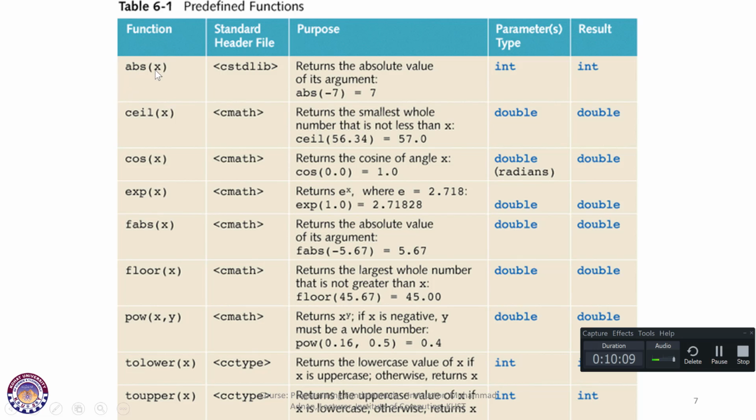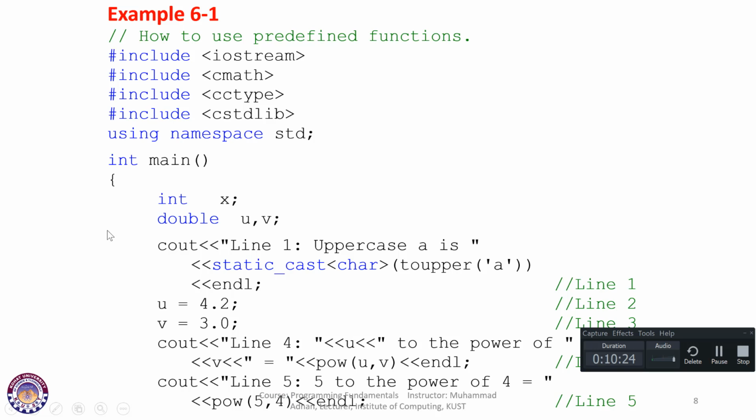So remember, abs is defined in this header file, whereas ceil, cos, exp, fabs, floor, pow are contained in the cmath header file, and tolower and toupper are contained in the cctype header file. And then we have the standard namespace std, which stores the different types of objects or libraries for us.